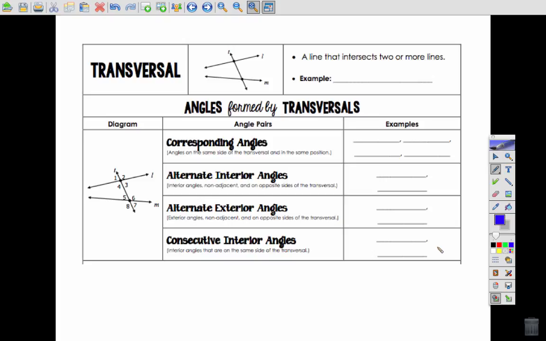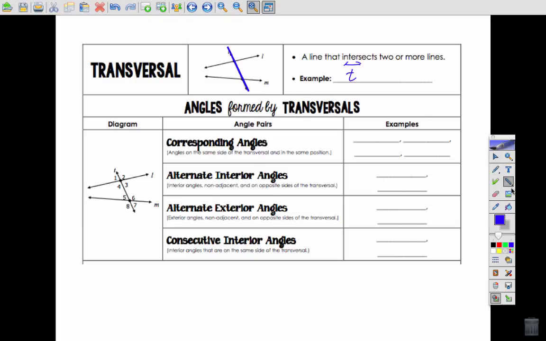And here is a very important concept called transversal. A transversal is simply a line that intersects with two or more lines. So in this example, we're talking about line T here, which is this one.